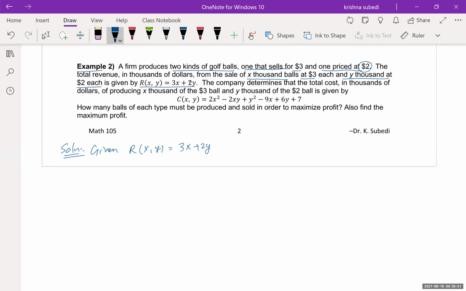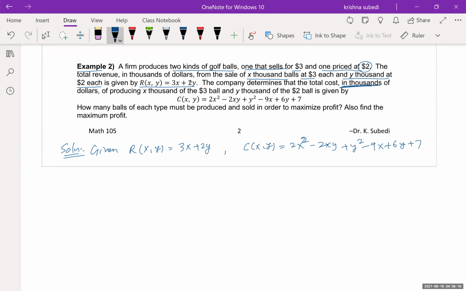The company determines that the total cost in thousands of dollars, pay attention to the unit, of producing x thousand of the $3 ball and y thousand of the $2 ball is given by the cost function 2x squared minus 2xy plus y squared minus 9x plus 6y plus 7.